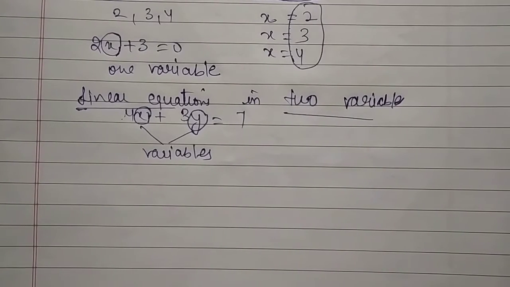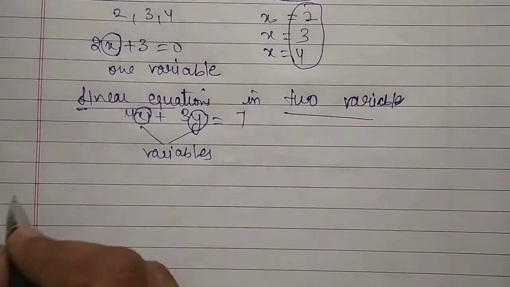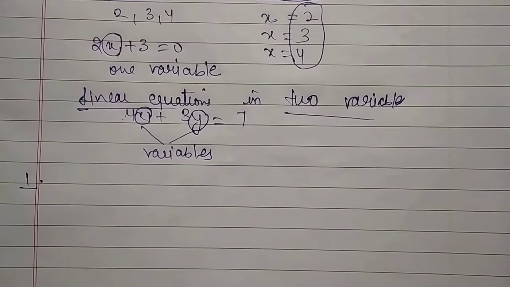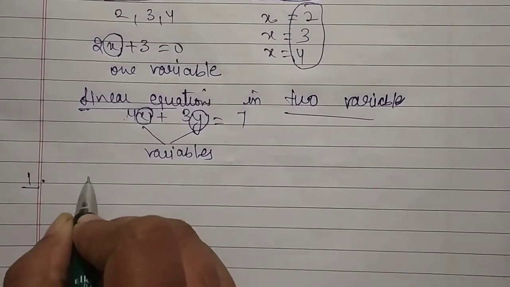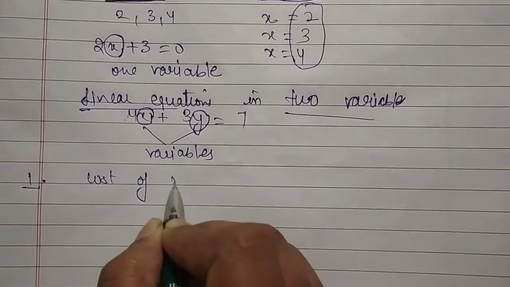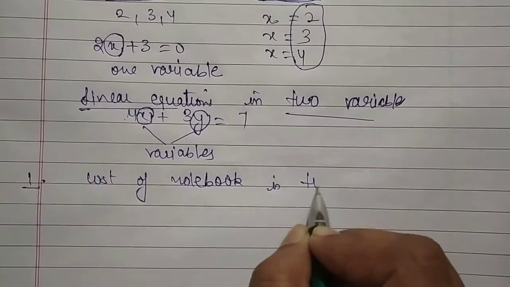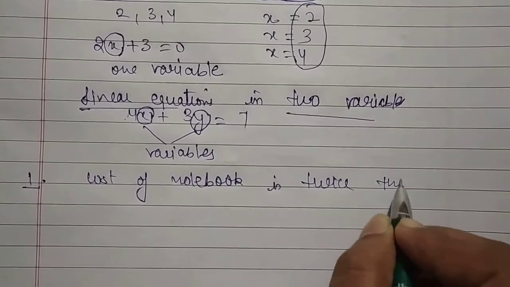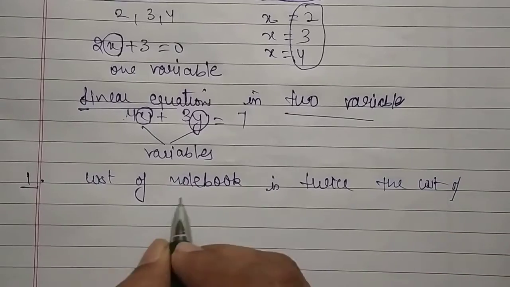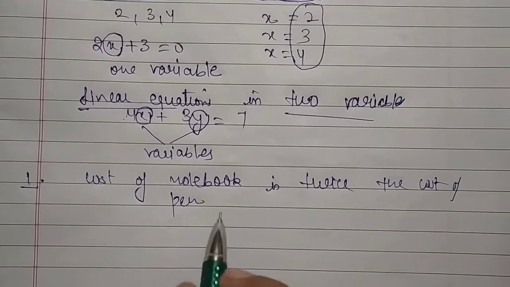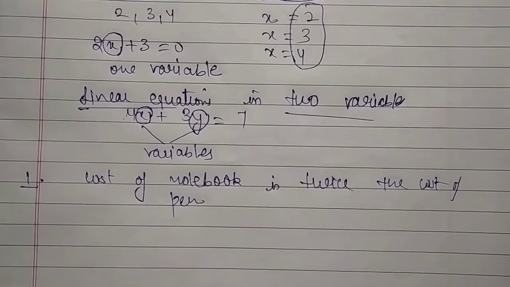So in the very first question we have: the cost of a notebook is twice the cost of a pen. We have been given that the cost of a notebook is twice the cost of a pen. Right? So here we are having two objects.